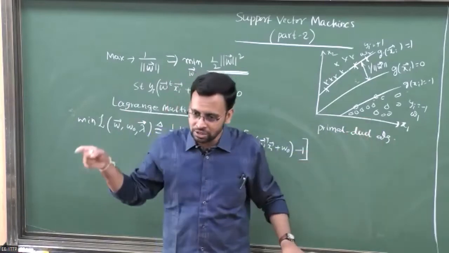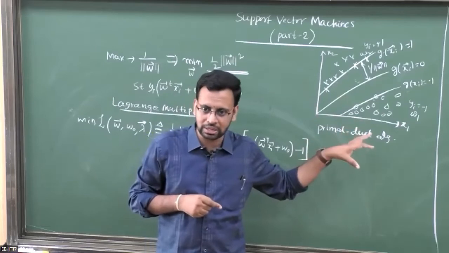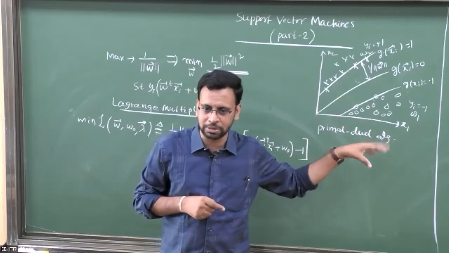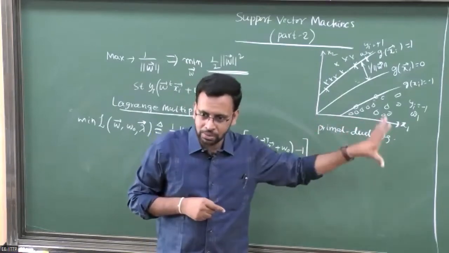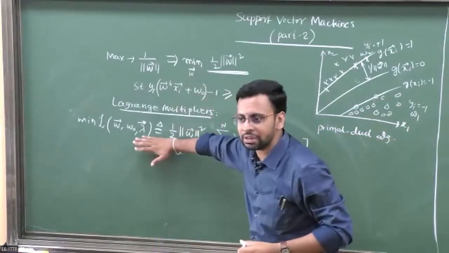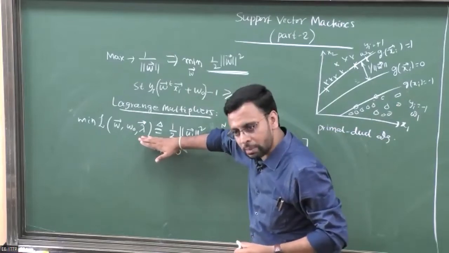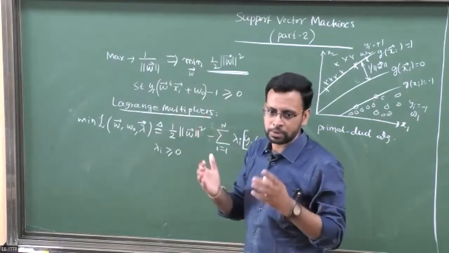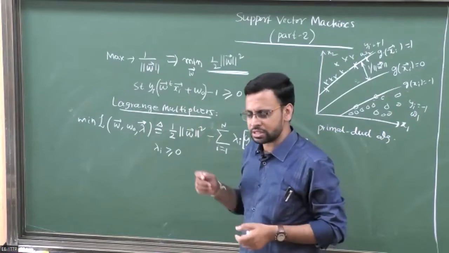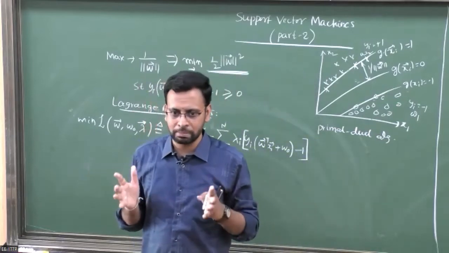If you optimize, I consciously, purposefully use optimize rather than minimize, if you optimize that dual problem, that will automatically give you a solution here, which optimizes your primal problem.